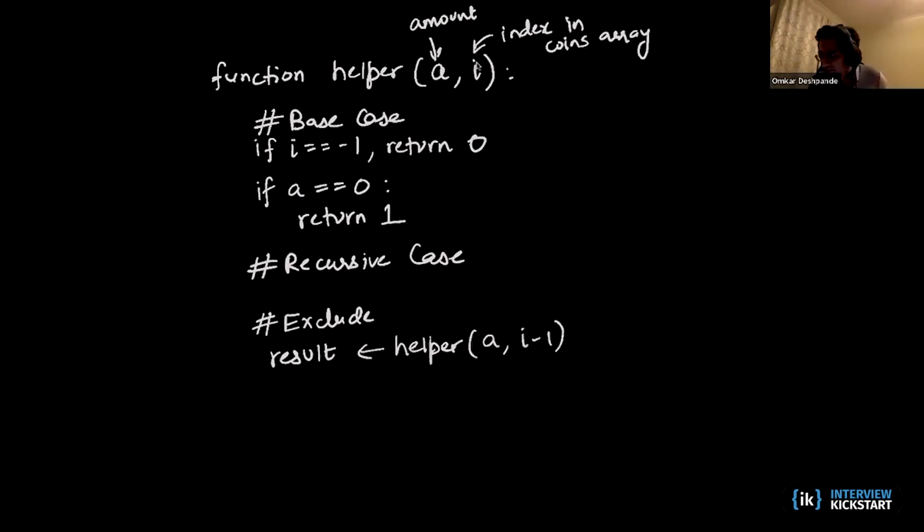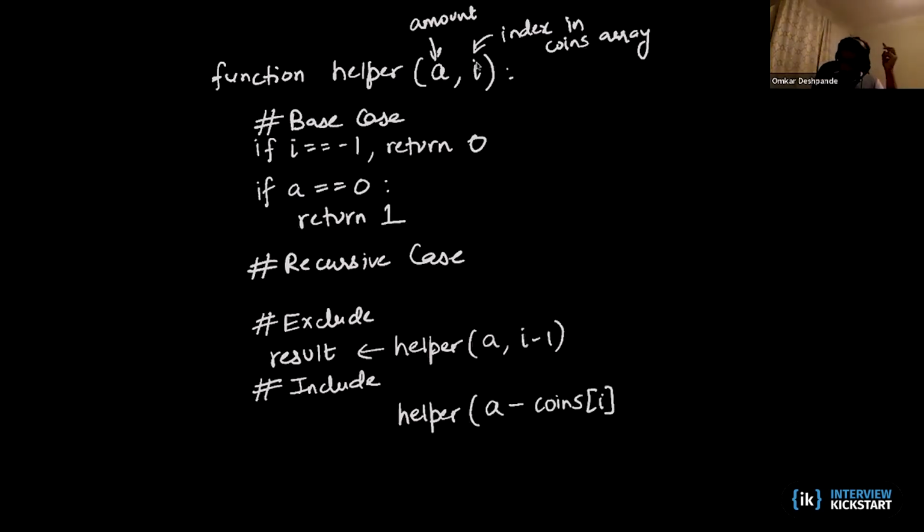And then the include choice is where I include one copy of coins of I. I call a subordinate with an amount value that is smaller than A by the denomination of that ith coin. Because I included one copy, I leave it to my subordinate to figure out whether or not to include more copies.